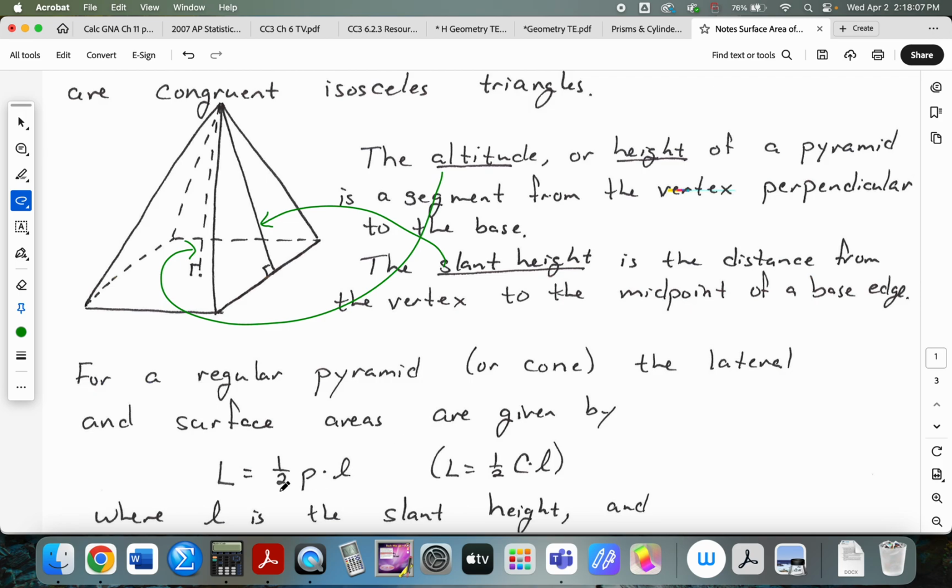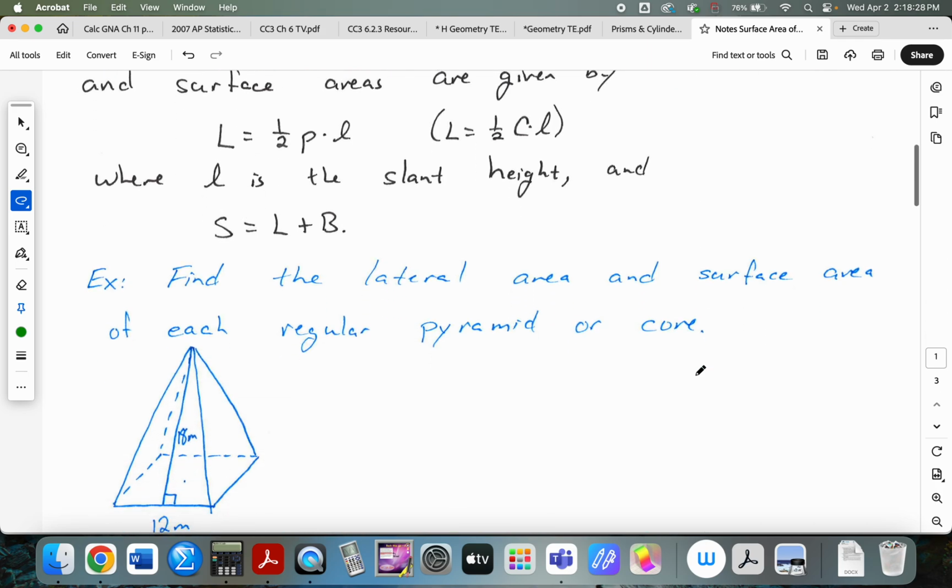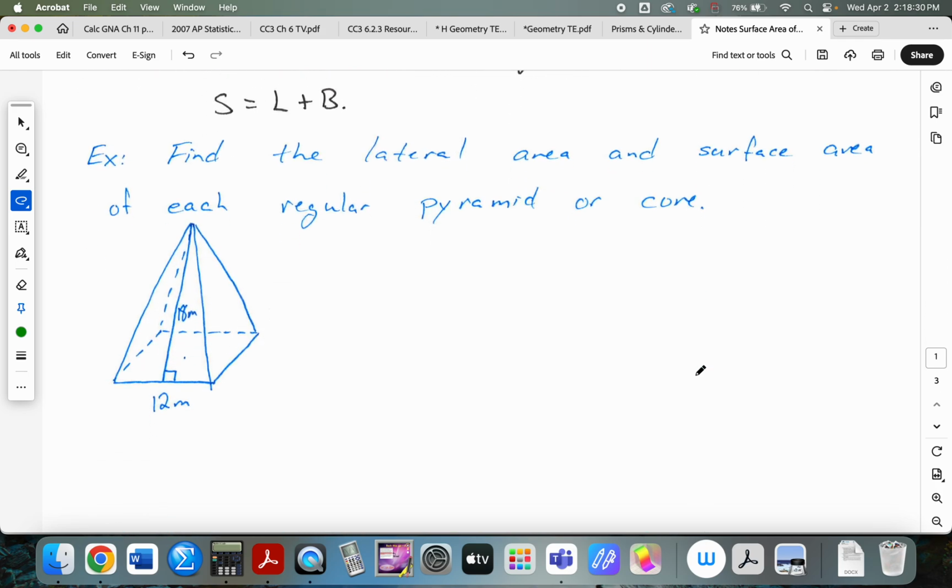And the reason it's a half is because what kind of a shape is this on the side? Well, it's a triangle. So it's half base times height. So it's half perimeter of the base times the height of that triangle, which is the slant height. And then the lateral area plus the area of the base, there's only one base in a pyramid or a cone, gives you the surface area.